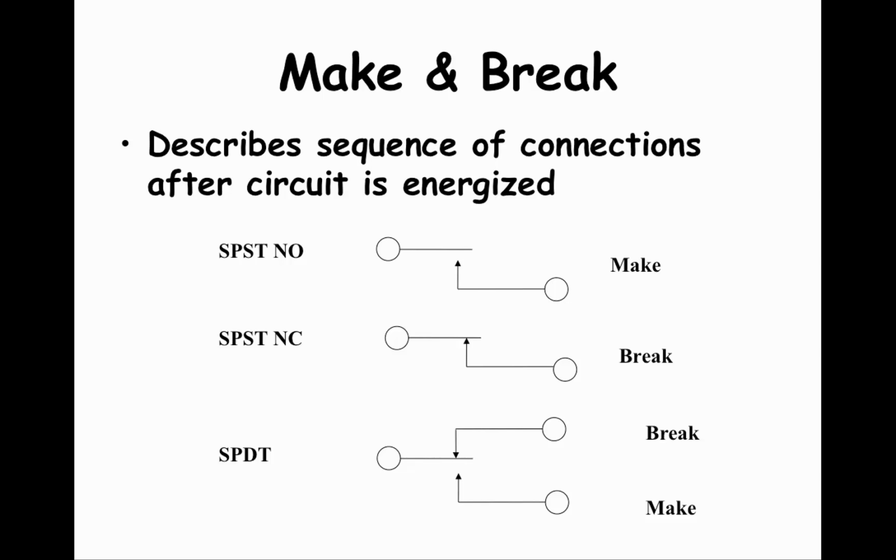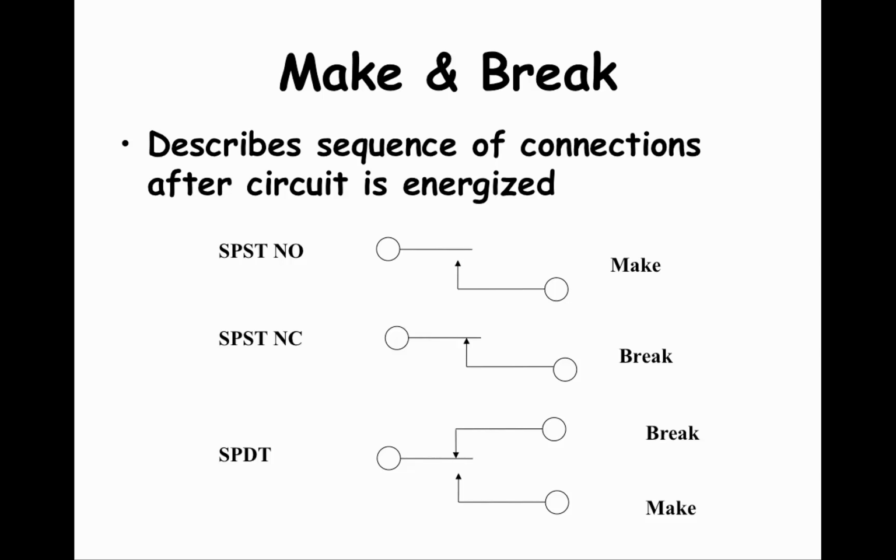Next, let's talk about make and break. This characteristic describes what happens after the relay is energized. The top little sketch shows a single-pole, single-throw relay that is normally open. The normally open characteristic means that when the relay is de-energized, the circuit is open.